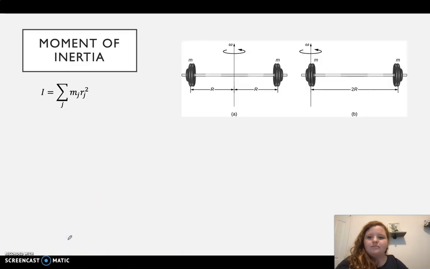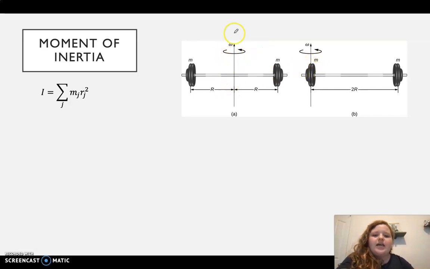Okay, moving on. Looking at moment of inertia. I'm not sure what I was going to do here, but I'll talk about it anyway. So our moment of inertia, we can look at it in different ways. We have two barbells here, and each of these weights has some mass, and we are turning it with some omega.